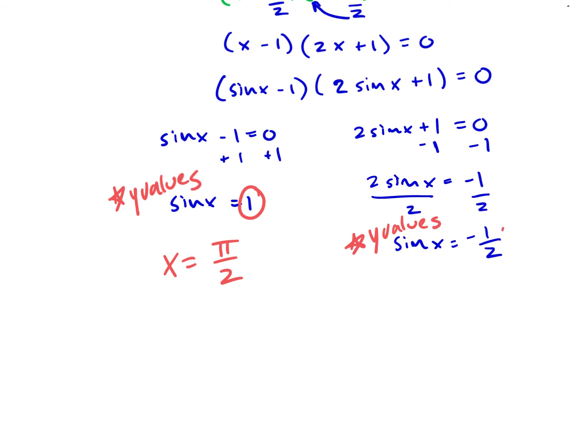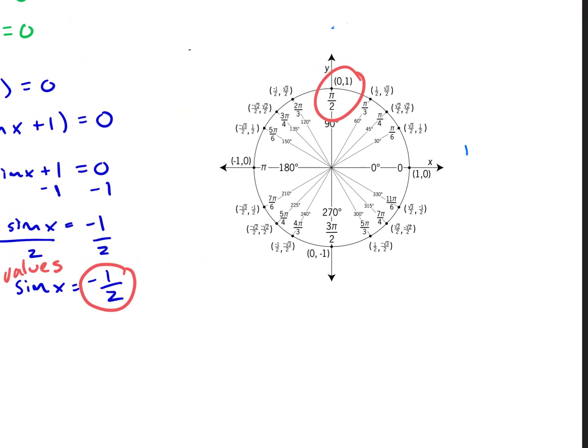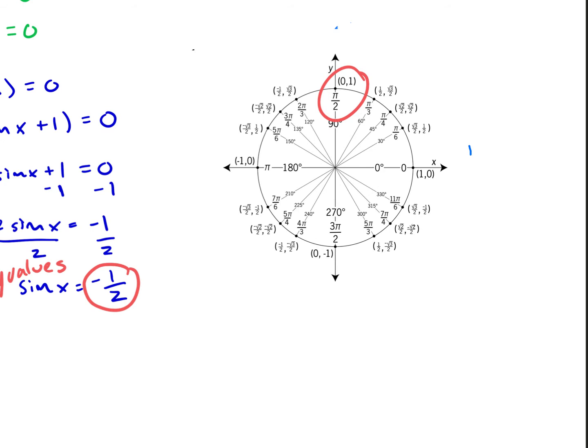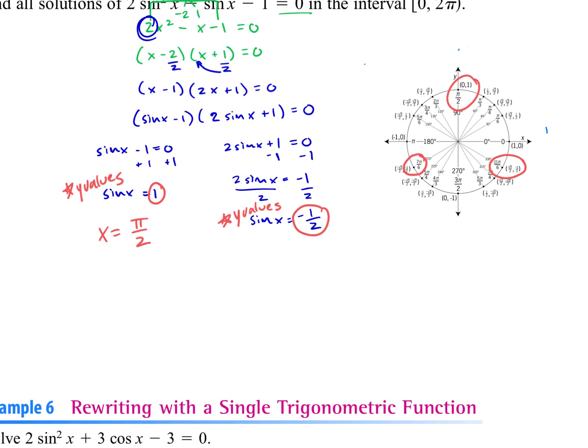So now I need to see where is y negative 1/2. 7 pi over 6 and 11 pi over 6. So these are 3 answers here.